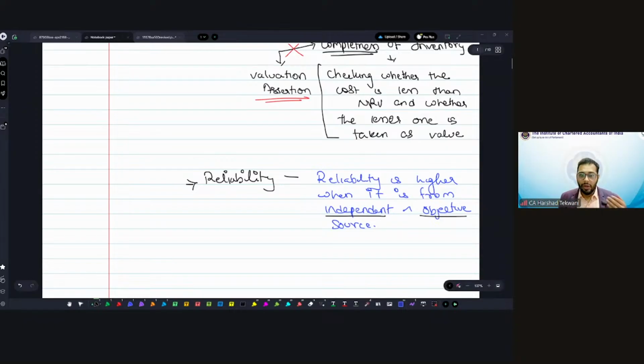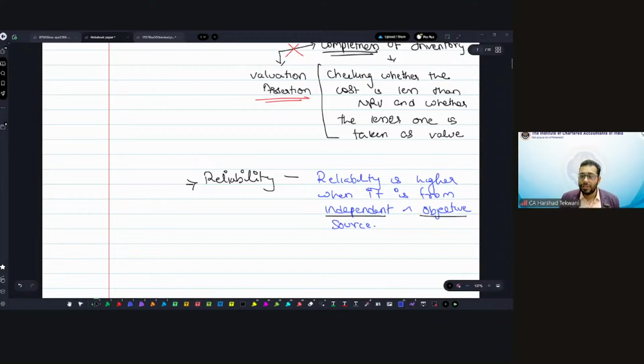Now when I talk about work done by the expert, let's say we were talking about valuation, definitely estimates will be involved. So there are scenarios where bias will be involved. So one, the objectivity I need with respect to reliability. Second, objectivity will help me understand the management bias.